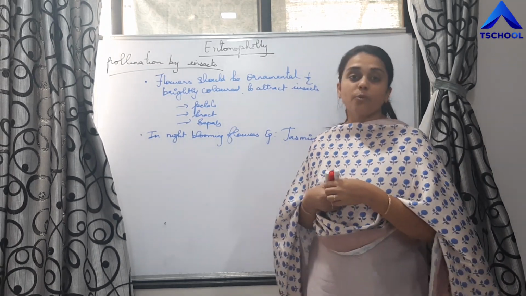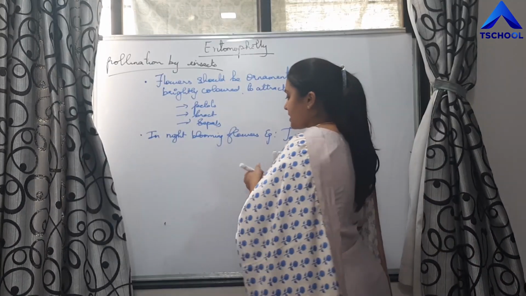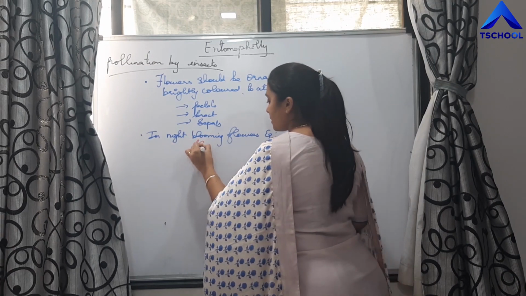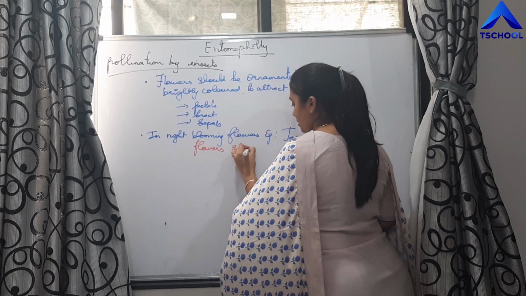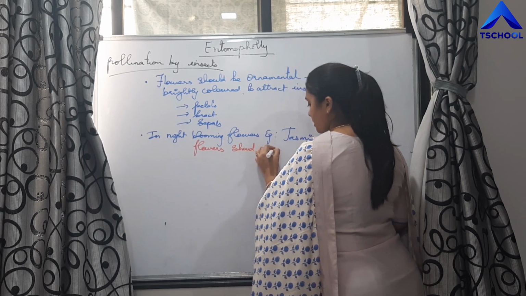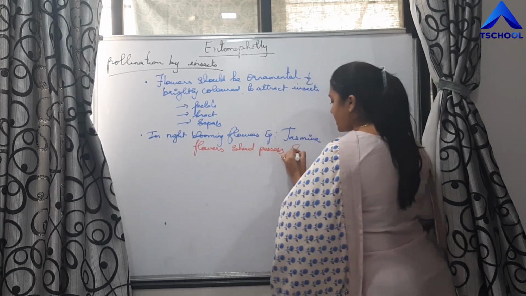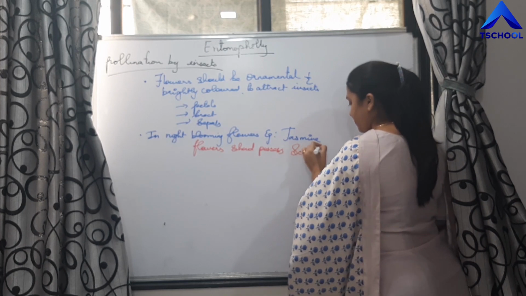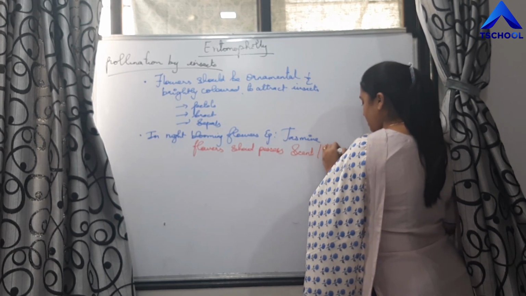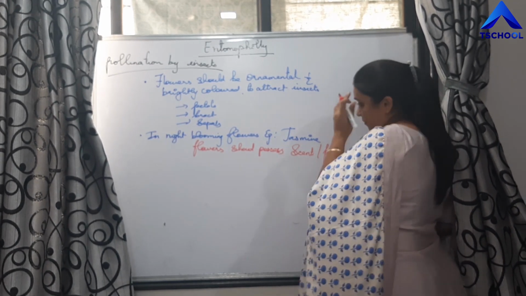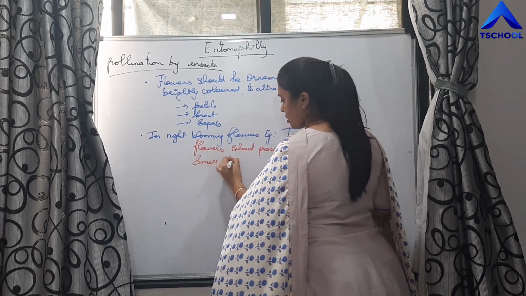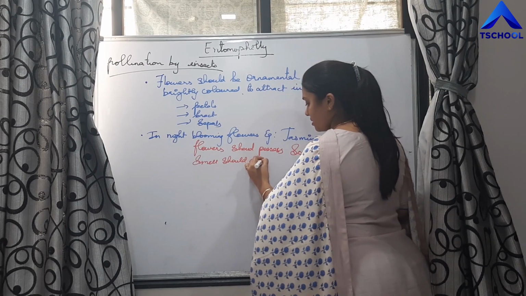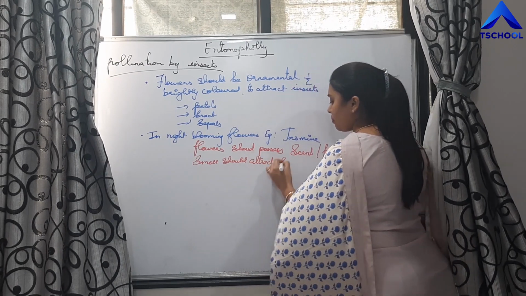Then what is the next property that the flower should possess? Then the flowers should possess scent or perfume. Right? So the smell should attract the pollinator.